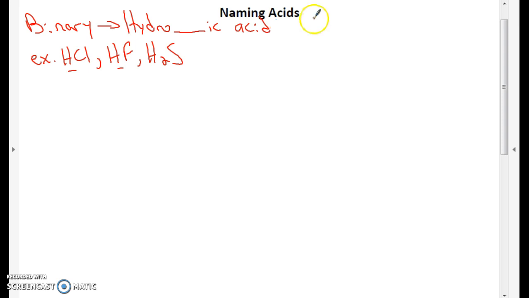Now there's also ternary acids, and ternary acids can also be called oxyacids because they're going to have polyatomic ions in them, and most polyatomic ions have oxygen in them, so they kind of get called either one, ternary or oxy. And what happens here is you have to look at the polyatomic ion.